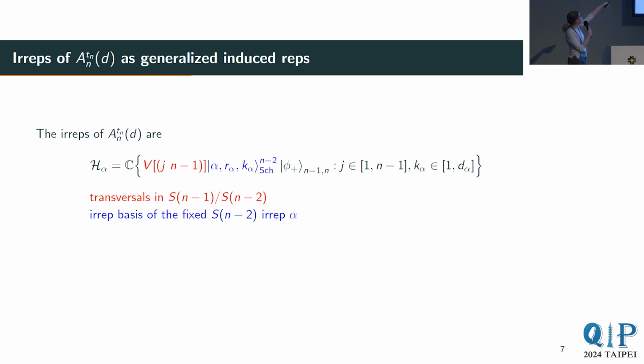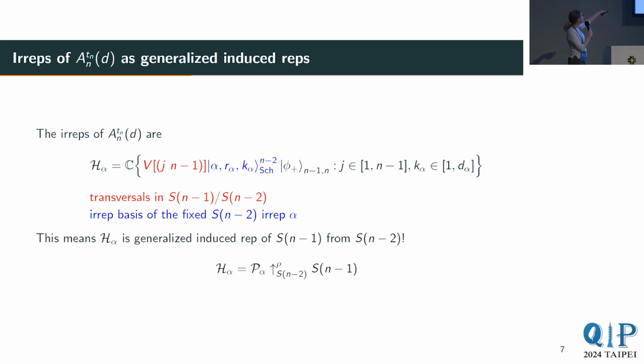So what we have here are transversals in red from S n-1 mod S n-2, acting on the E-rep basis for the fixed S n-2 E-rep alpha. So what we see is that these H alpha are actually generalized induced reps of S n-1 from S n-2. So we could rewrite them as the E-rep alpha of S n-2 lifted to S n-1.